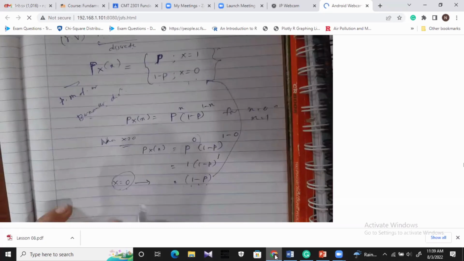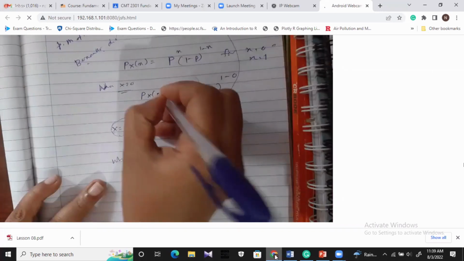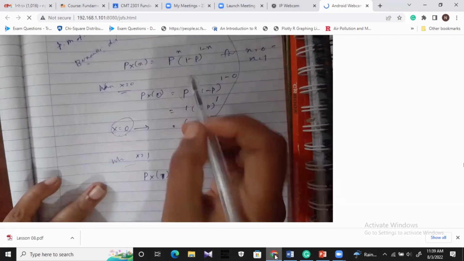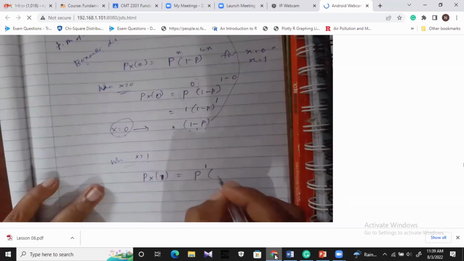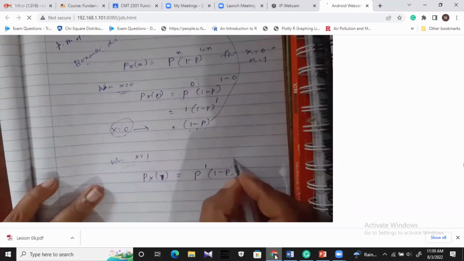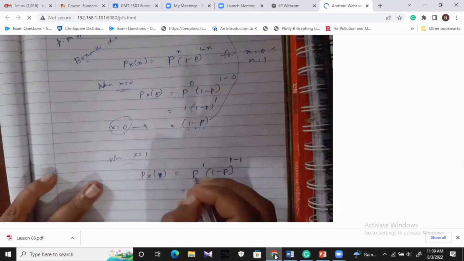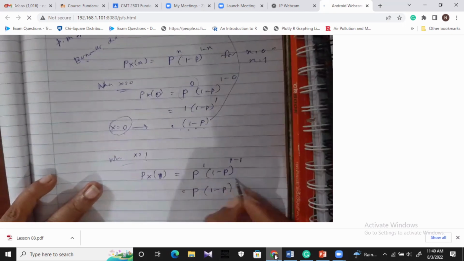Understand? Now substitute x equals 1. P to the power x, now x is equal to 1, so p to the power 1, (1 minus p) to the power 1 minus x, and now x is equal to 1. p to the power 1 is p, times (1 minus p) to the power 1 minus 1, which is 0.